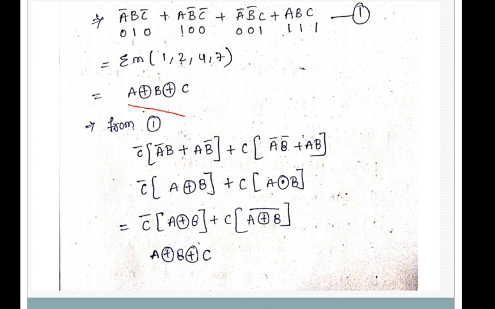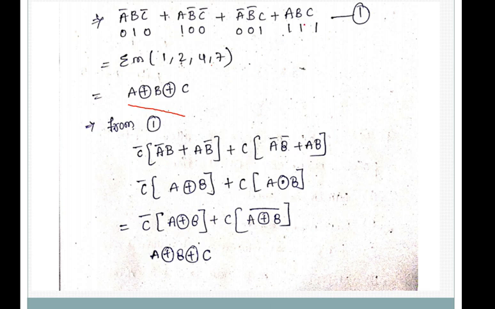So again, if you are having the 1, 2, 4, 7 expression, then it is definitely A exclusive OR B exclusive OR C. If you don't know this, then try to solve it by the equation. In the first 2 terms C bar is common, so taking C bar common, A bar B plus A B bar.